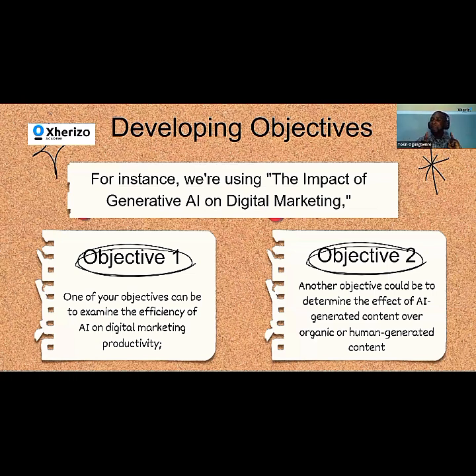So the essence of having variables and constructs is so that you can break down your objective into a focused direction. When we say the impact of generative AI on digital marketing, it is too broad.